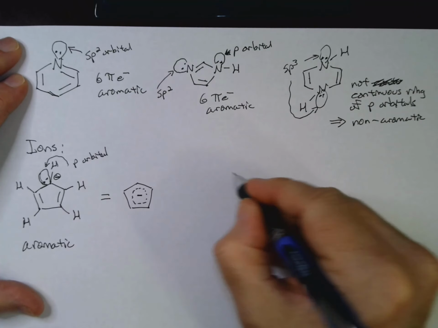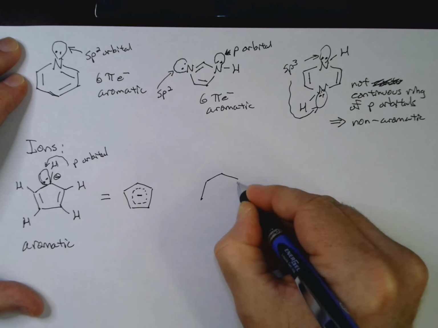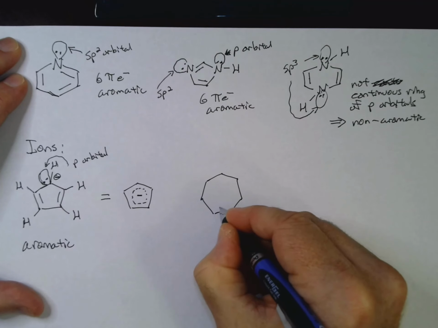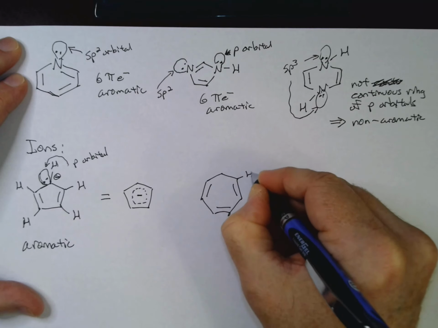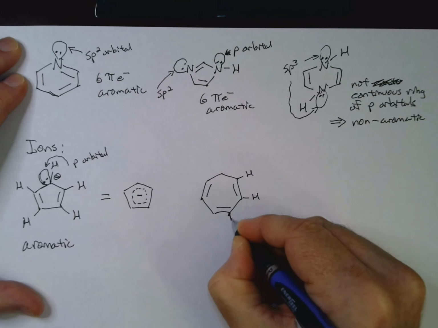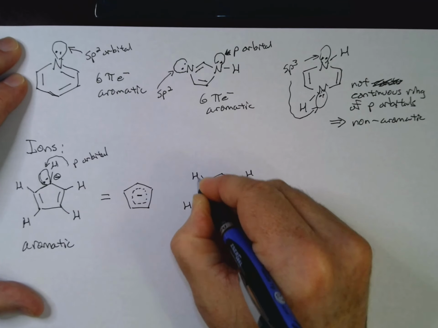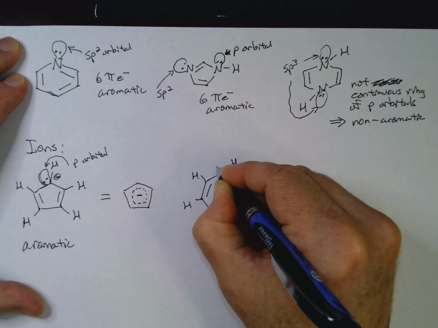Let's look at a different example here. And again, I'll put in the hydrogens for now, although on the practice problems and on the quiz, typically you won't have the hydrogens.